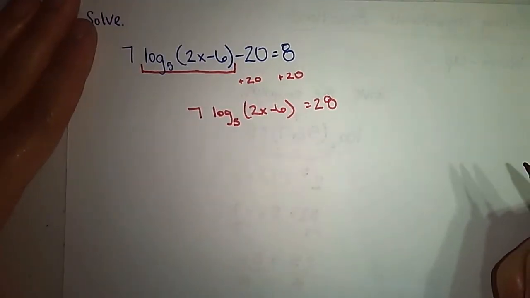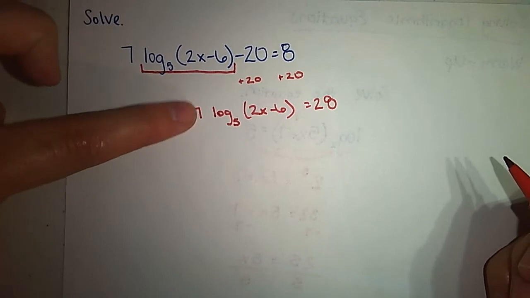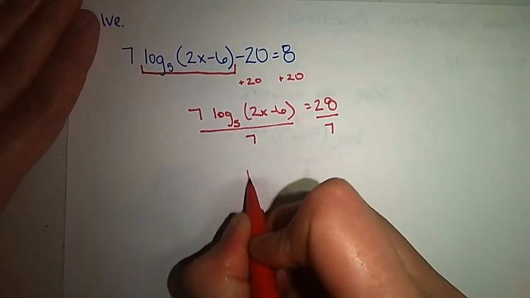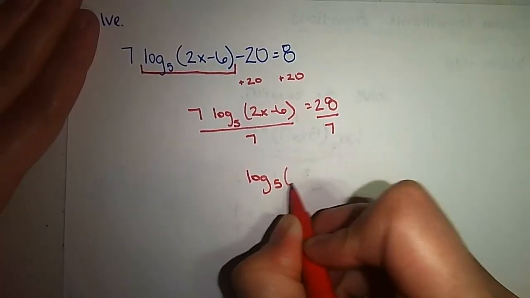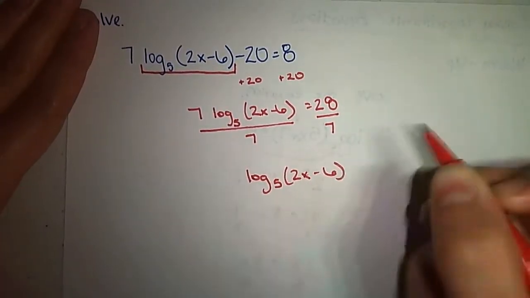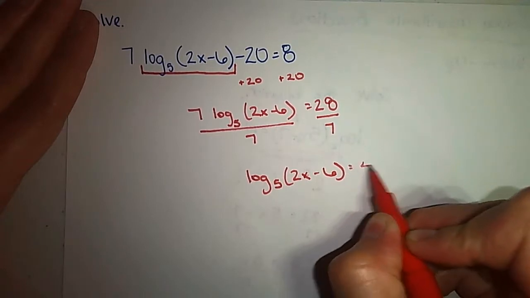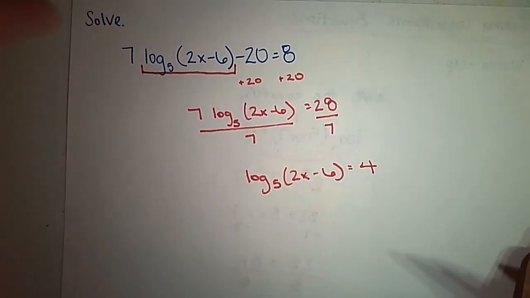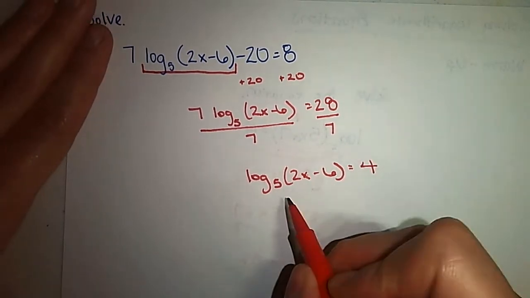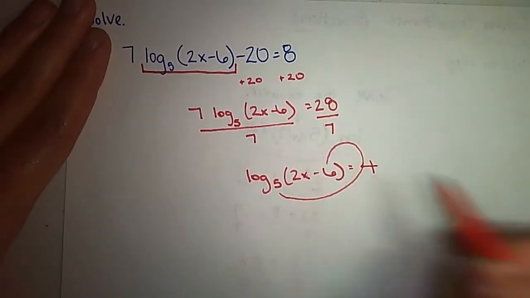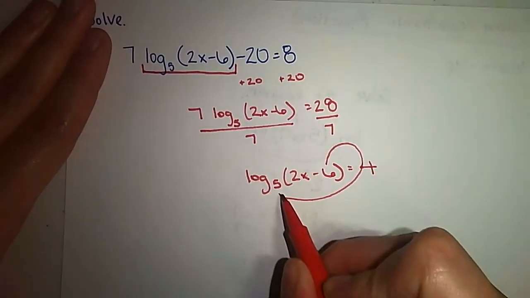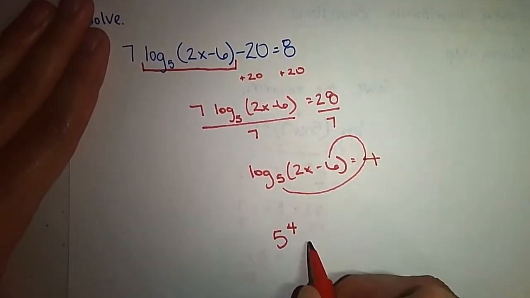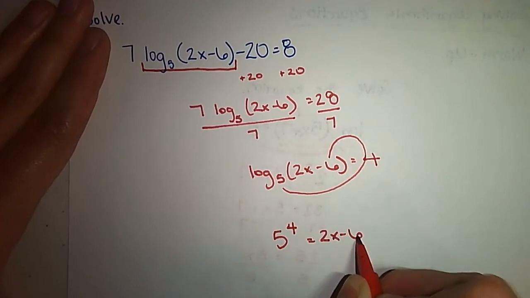And again, the log's not totally by itself. I need to divide both sides by 7 first. And 28 divided by 7 is 4. Now my log is totally by itself. Now I can do a log roll to put it in exponential form. So we will have 5 to the power of 4 equals 2x minus 6.